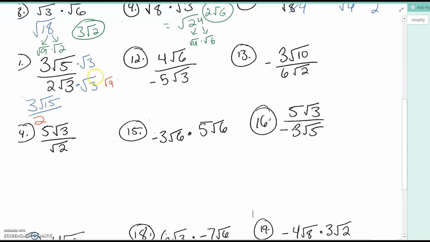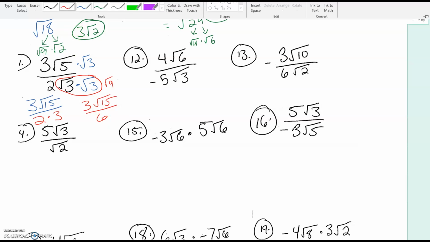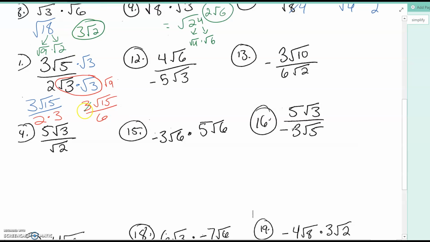Square root of 9 is 3. So I would still have to multiply these two together. So I'd have 3 square root of 15 over 6, in which I can still simplify 1 and 2. So I'd have square root of 15 over 2.